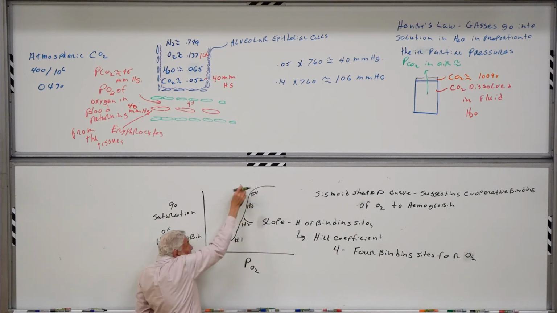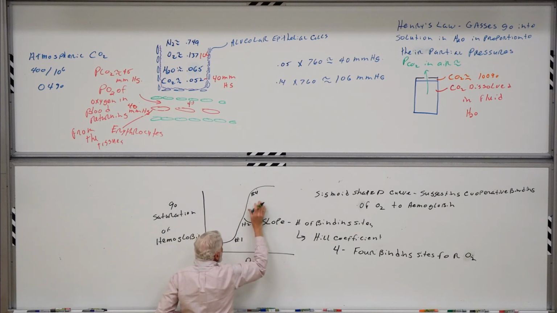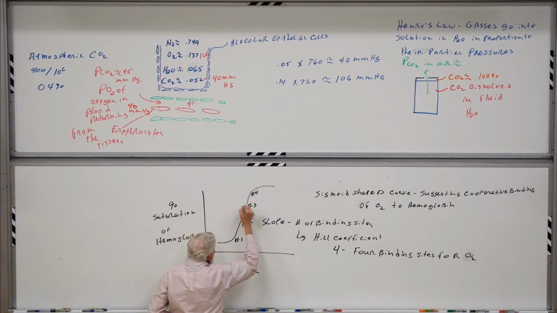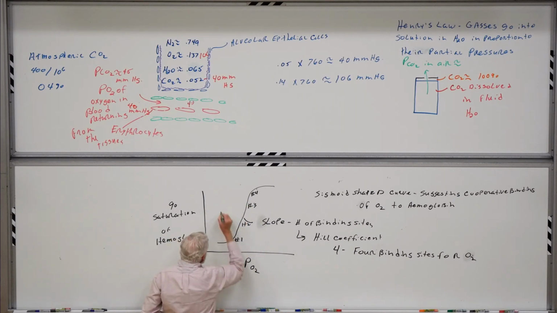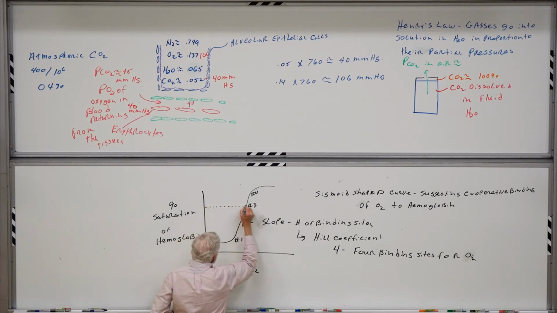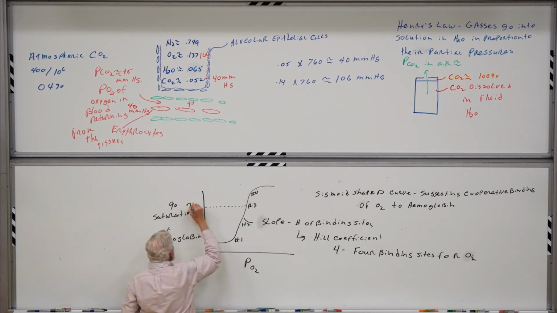And here in the steep part of the curve, we find that when we're binding the number 3 site, if we follow this over, this is about 75% saturated.